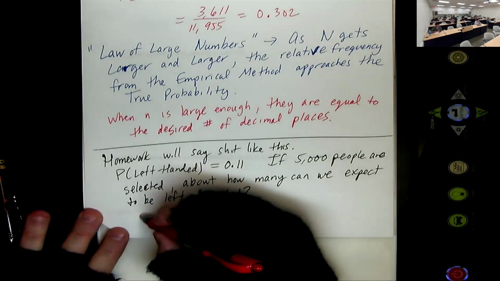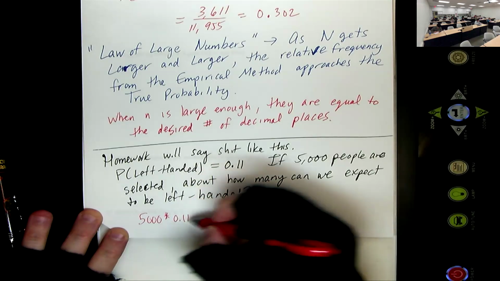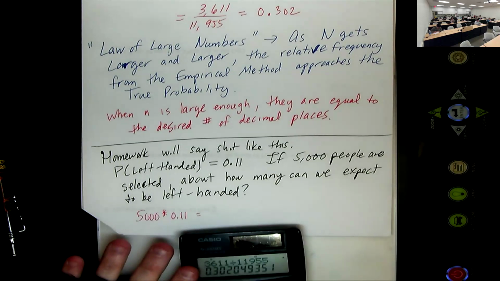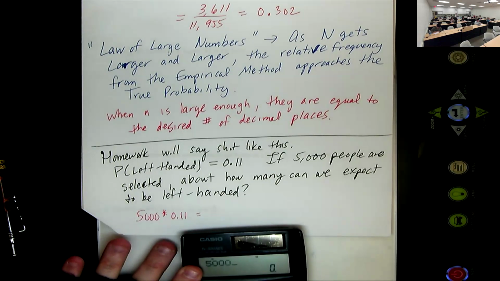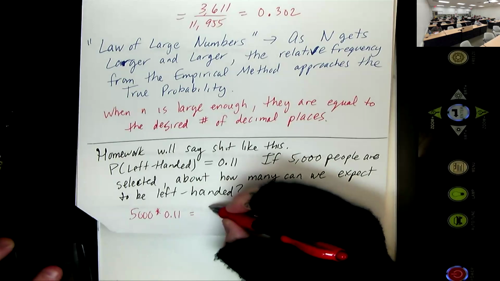You take the 5,000 and multiply it by 0.11. You get 550.